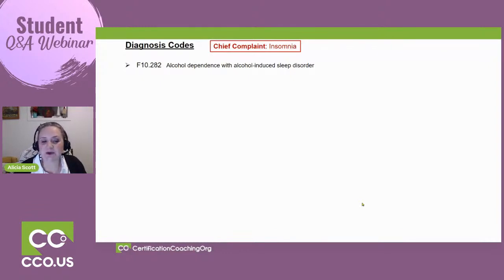F10.282. And it's okay to say no, because I really didn't expect you to see that or realize that code existed. But we want to make sure that we are coding to the highest specificity. So just to code insomnia is not going to get it in this case.